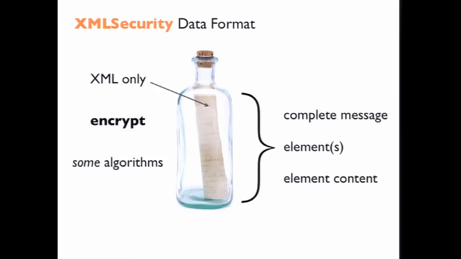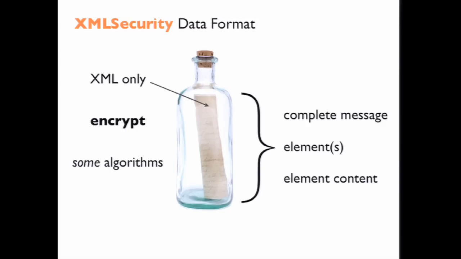A lot of restrictions for one data format, but there's one really cool feature here. And this is you can encrypt specific parts of your message. So what you can do is you can specify an XPath expression which leads to one or more elements or even element content and encrypt only this part of the message. And this brings in another possibility.